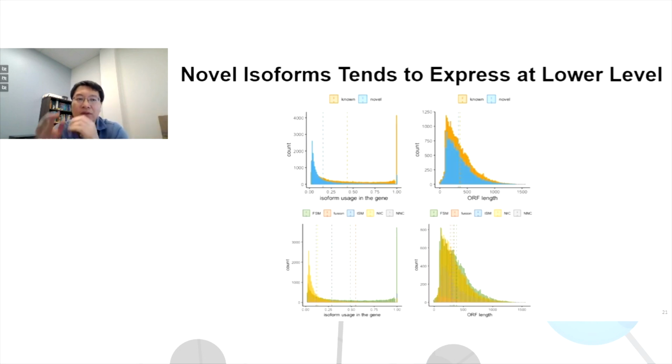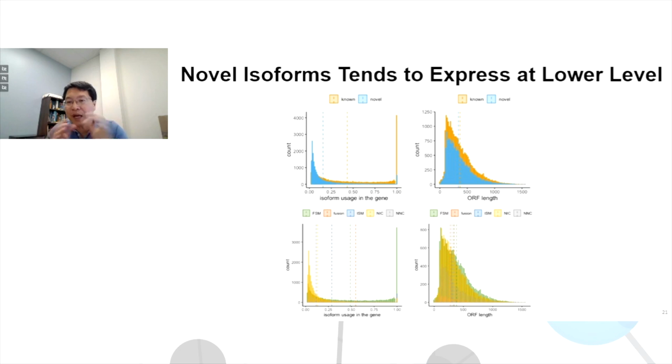Comparing the novel isoforms and the known isoforms, here the novel is blue, what we find in general, on average, is that the expression level is lower for the novel isoforms compared to known, which is expected, right? The known ones have been seen before in previous studies and tend to be highly expressed. Also, the length of the transcript is slightly shorter compared to known.